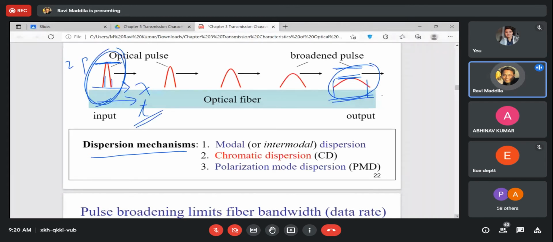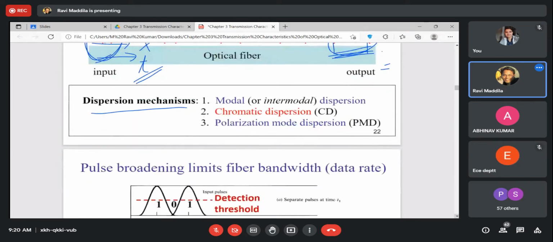Then the two polarizations would travel with different velocities, and would reach the output at two different times. That would result in polarization mode dispersion. The effective result of even this polarization mode dispersion is similar to pulse broadening.